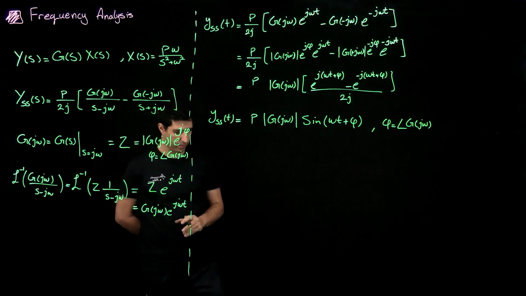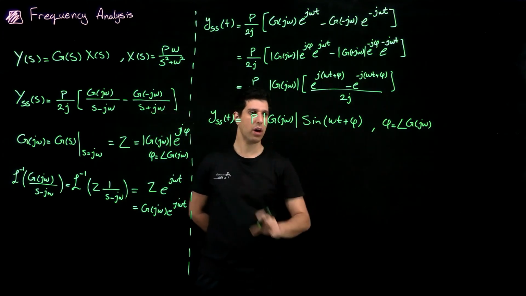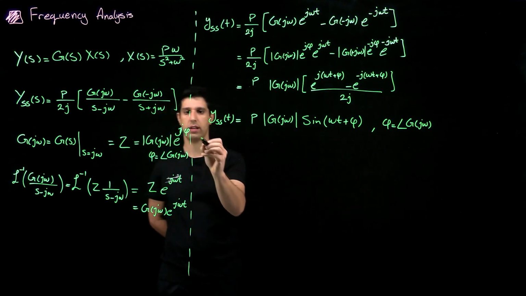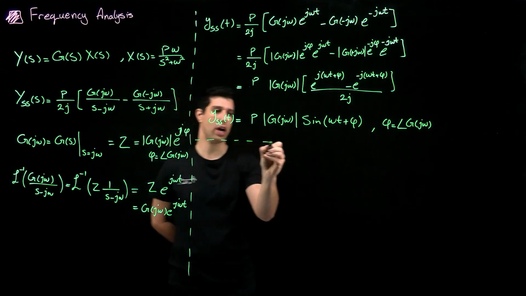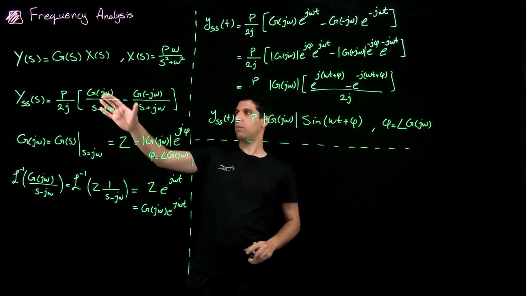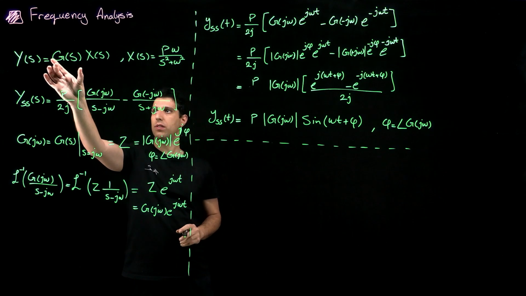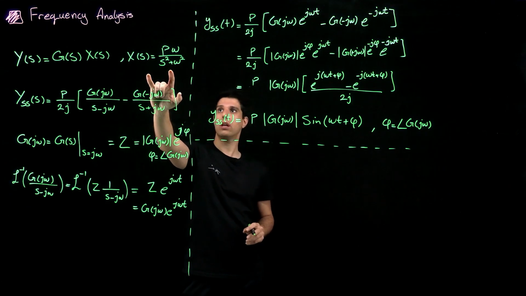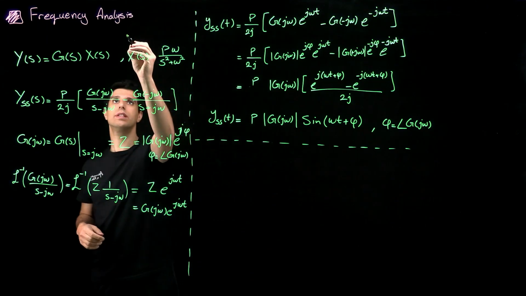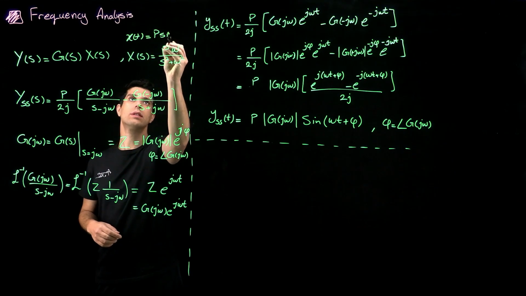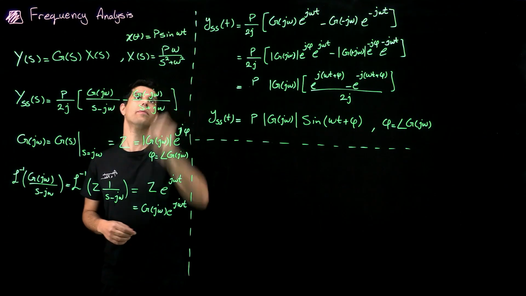Okay. We arrived at what we wanted to do. But what does this mean? Let's recap. So I have a system defined by the transfer function g of s. I give it a sinusoidal input, and x of t was p sine of omega t.